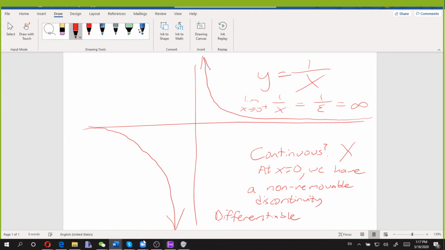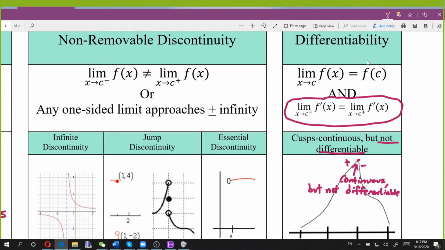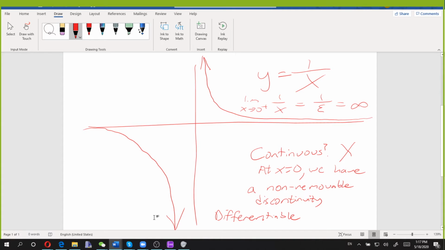So in order to be differentiable, we must be continuous. And our slope from the left must approach the slope from the right. Okay, so going back to our function, it's not differentiable. Okay, why is this not differentiable? Two reasons.